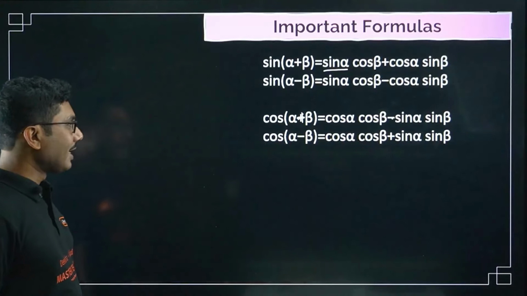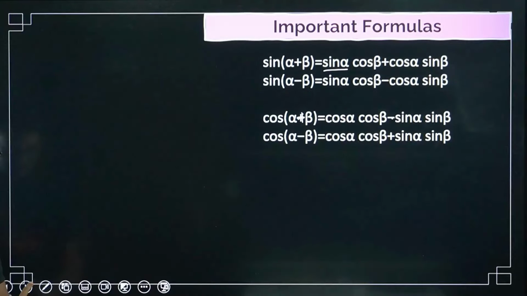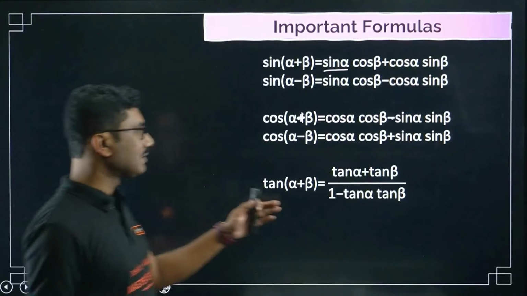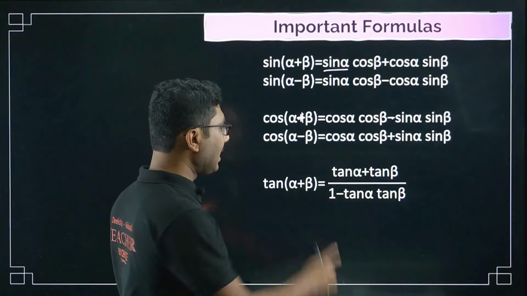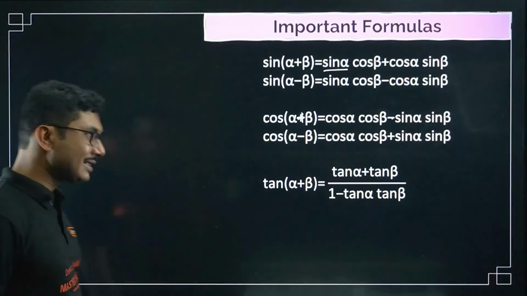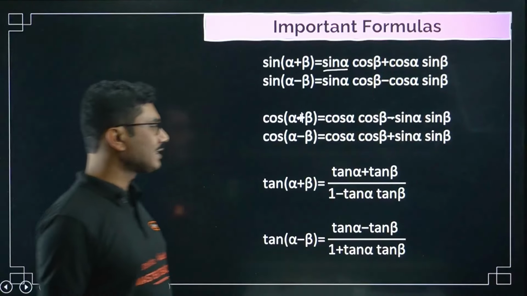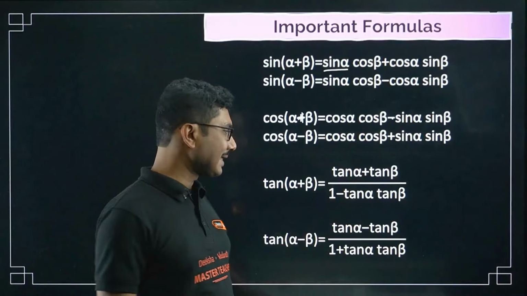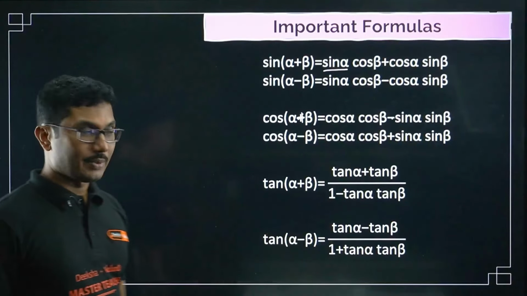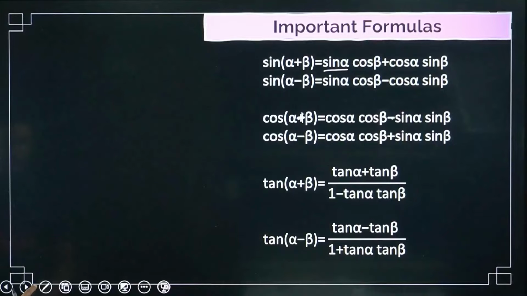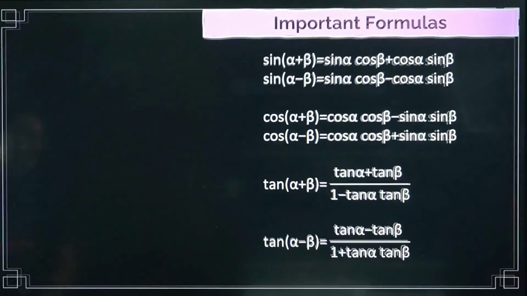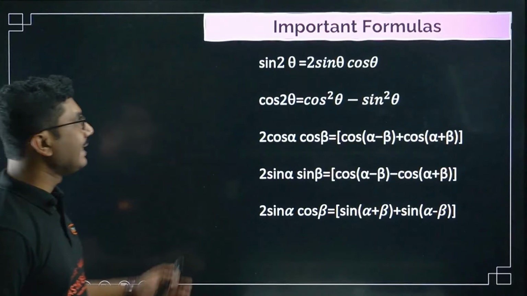In case of tan, alpha plus beta is tan alpha plus tan beta divided by 1 minus tan alpha tan beta, and in case of tan alpha minus beta, tan alpha minus tan beta divided by 1 plus tan alpha tan beta. So these are the addition of the two angles. Sometimes it might come handy.